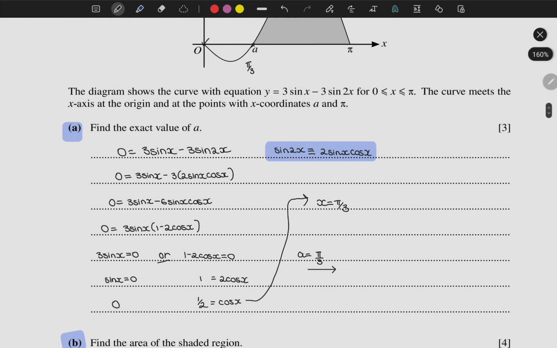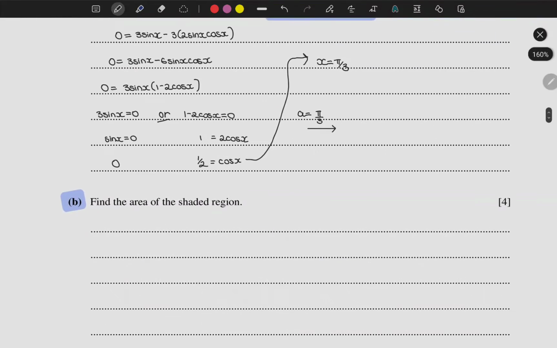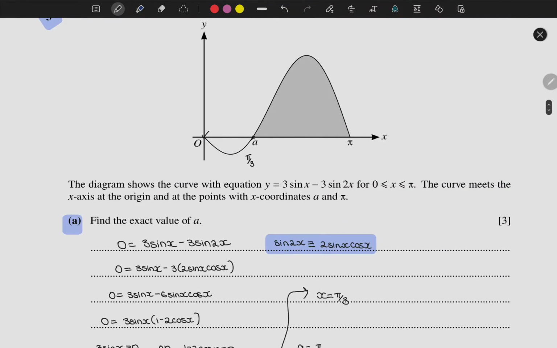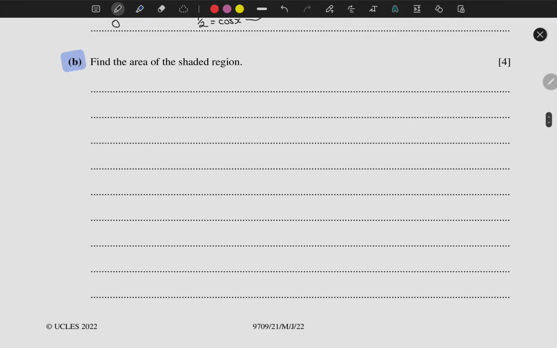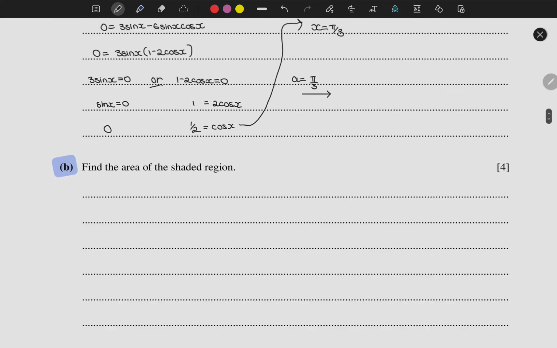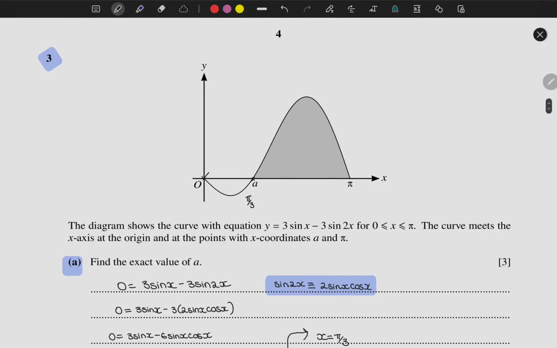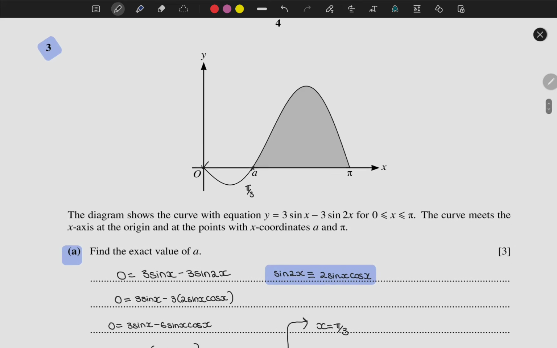Sorted. Okay, so now it says find the area of the shaded region. When we see this question, we immediately think integration, and we now know our limits, which is kind of nice, and we know what we're integrating.